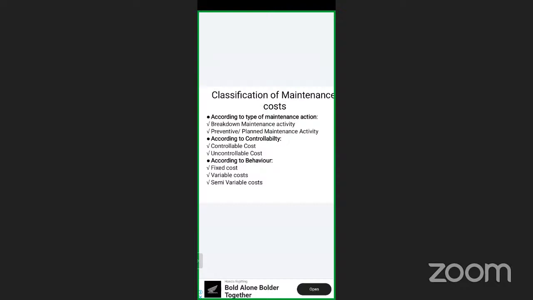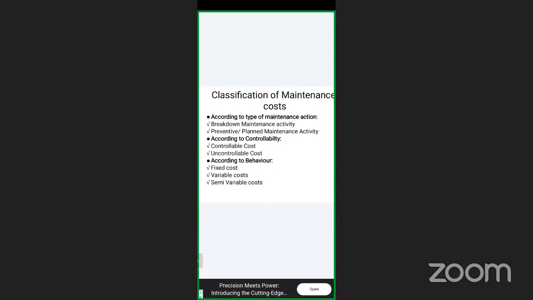That is preventive maintenance. If the machine has broken down, then you are maintaining it. That is repairs, so that is breakdown maintenance activity. So based on type of maintenance, they are divided into breakdown maintenance and preventive maintenance.